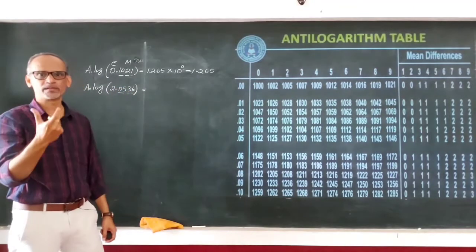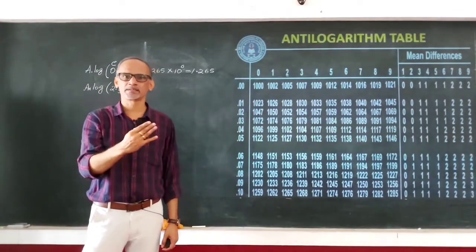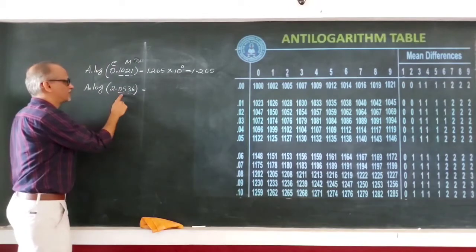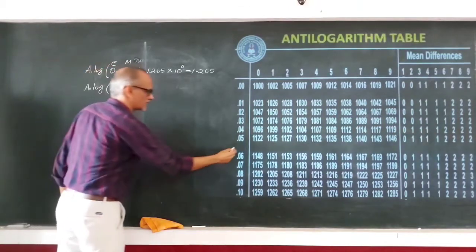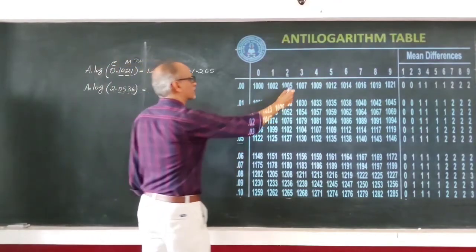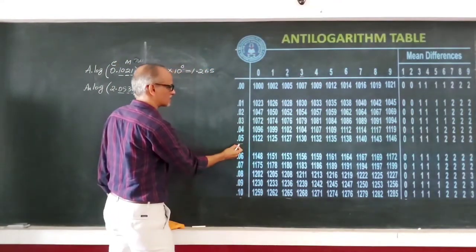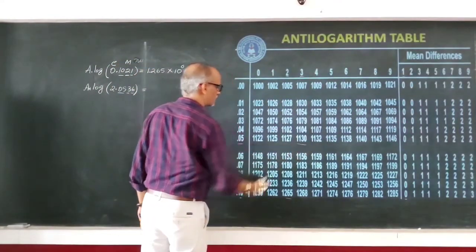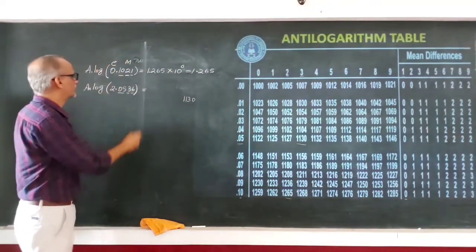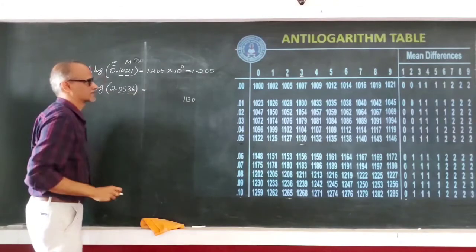That means the 4 digits you have to split into 3 parts: 2 digits, 1 digit, and then 1. Okay? 0.0536. Now where is 0.05? It's here, 0.05. 3, which is here. Now where do this 0.05 and 3 intersect? At 1130. So make a note of it, 1130. After that, the next digit is 6.